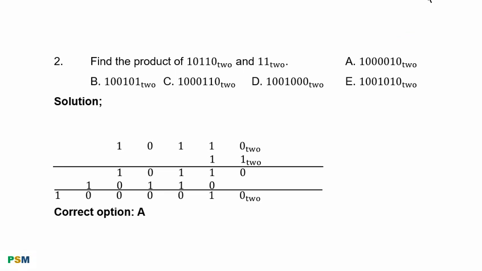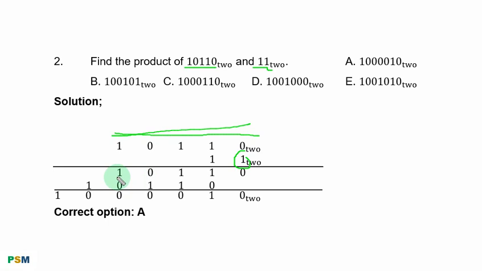Question 2. Find the product of 10110 base 2 and 11 base 2. You simply rearrange the numbers in this form to enable you multiply. You start from right to left when multiplying. So you use the first digit 1 to multiply all the digits here.